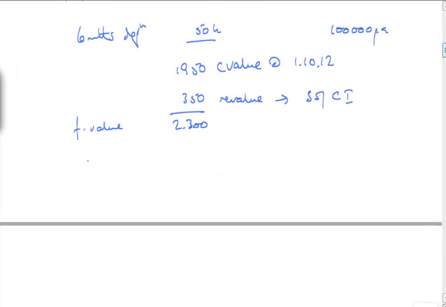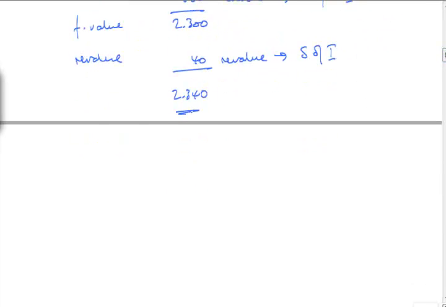And at the end of the year it's risen to 2.34, so revalue, and that's going to go to statement of income, and that's the carrying value of investment property at 31st of March 13.